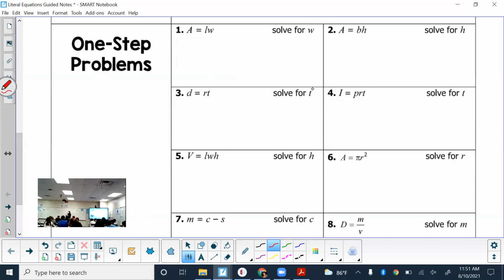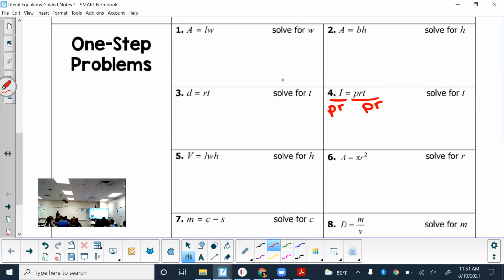When stuff is squished together with no symbol in between, what does that imply? Multiplication. So opposite of multiplying by p and r would be dividing by p and r. On the left side, we have to do the same thing we did to the right side in order to keep it equal.